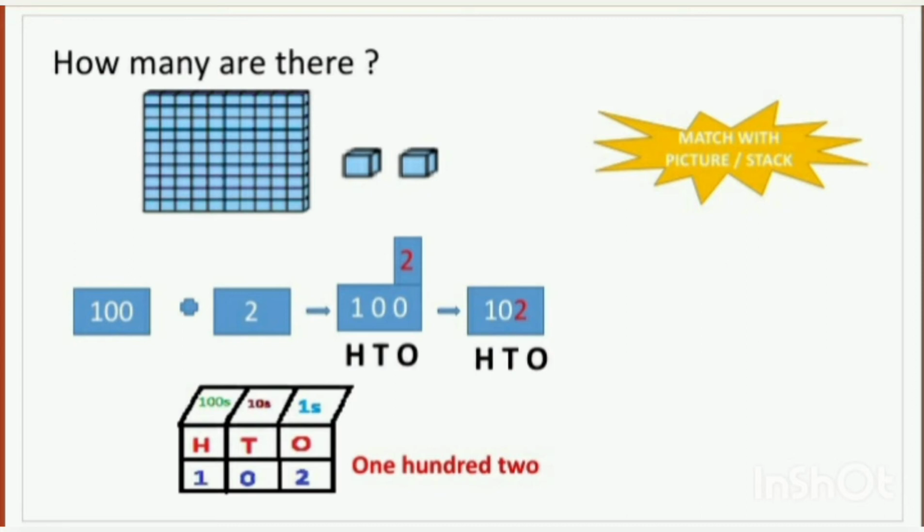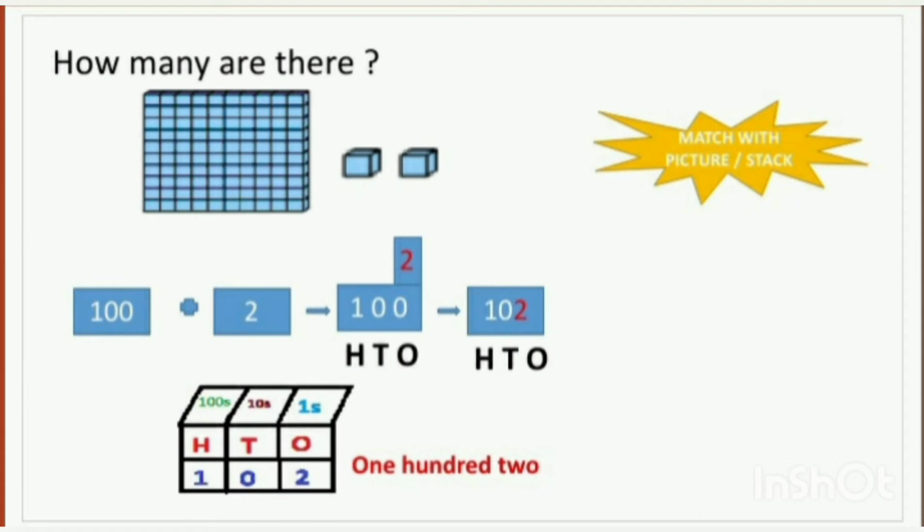Yes children, now come to this pictorial representation. You can see that one slab of 100 is given, and 2 unit cubes are given. Now when you have to form the number, you will write the places, ones, tens and hundreds. Second, you move from right towards left and see the unit cubes. Here you can see 2 unit cubes are given.